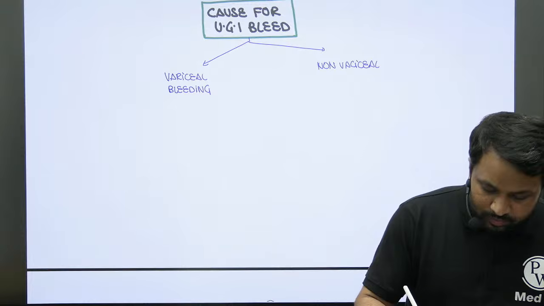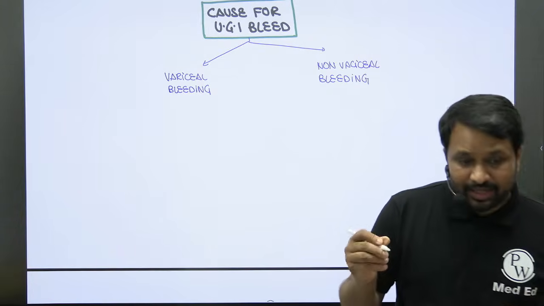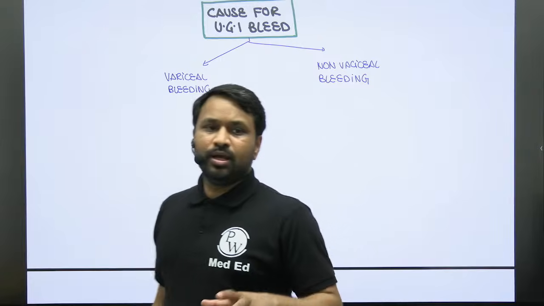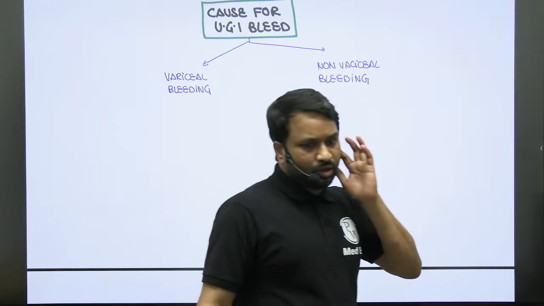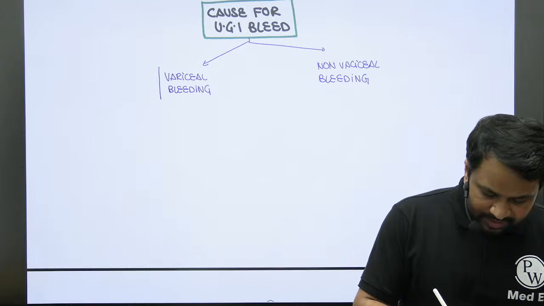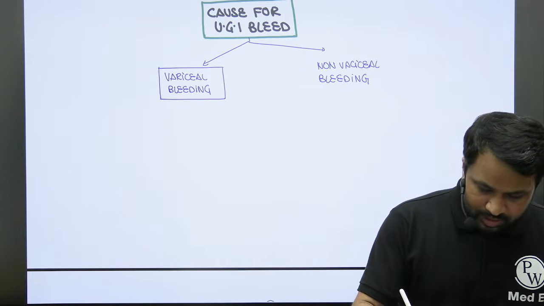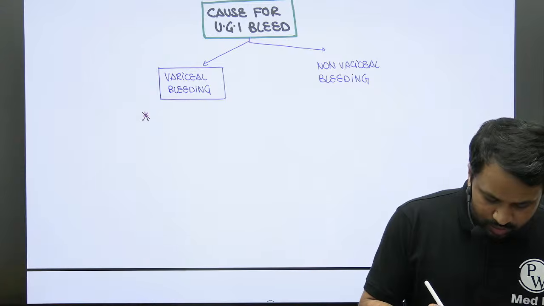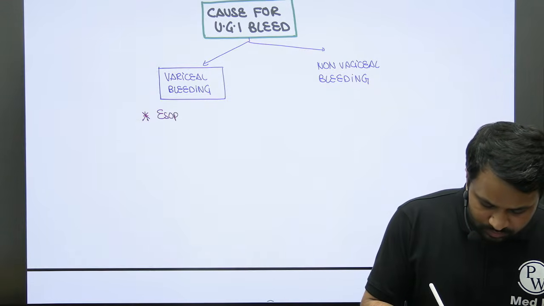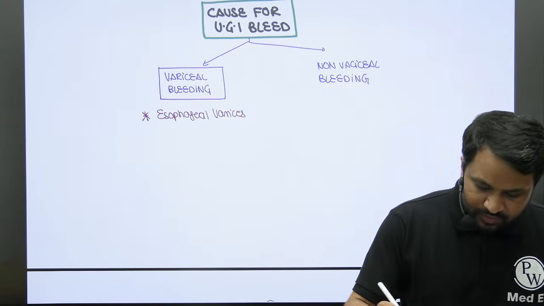Now why I'm differentiating into two different categories is that variceal bleeding is of significant quantity, whereas the other ones can be of different context as well. The cause of variceal bleeding is esophageal varices. So we'll talk about the reasons for esophageal varices. For now, it is this.